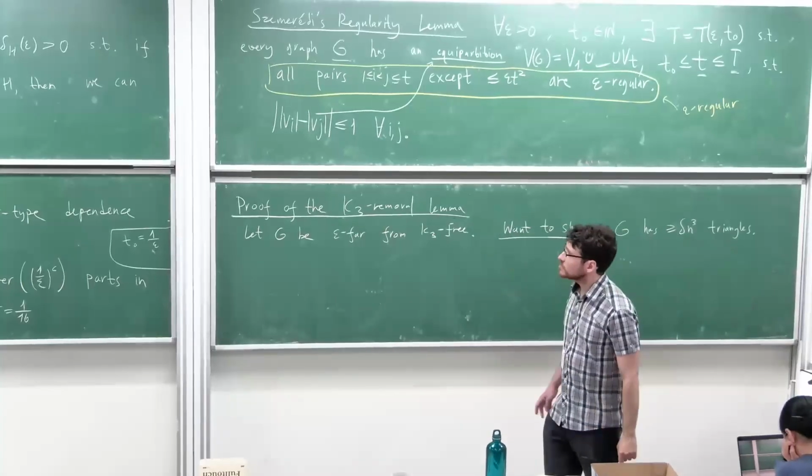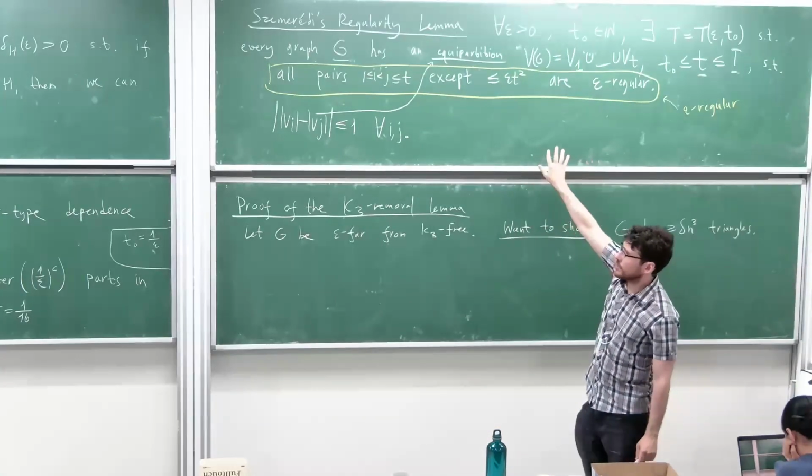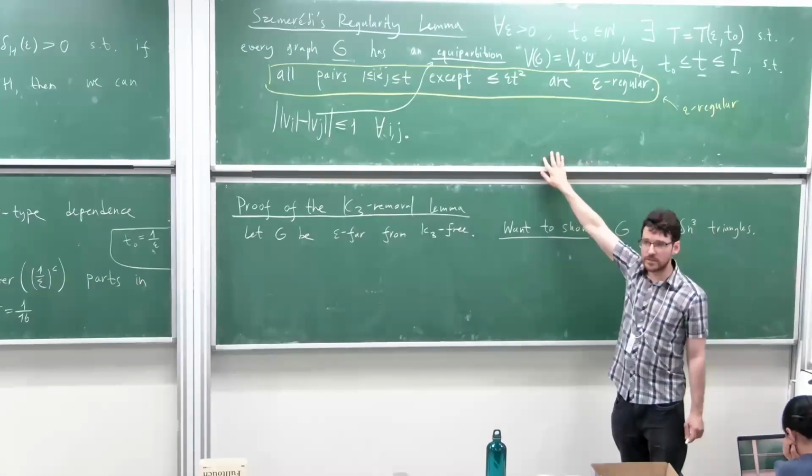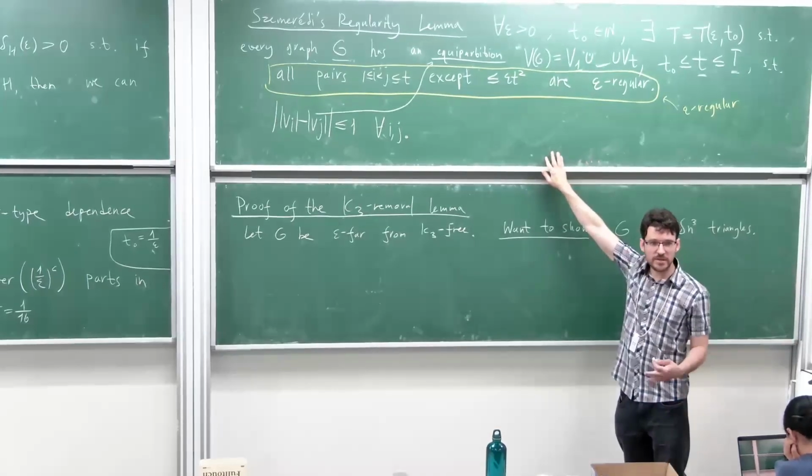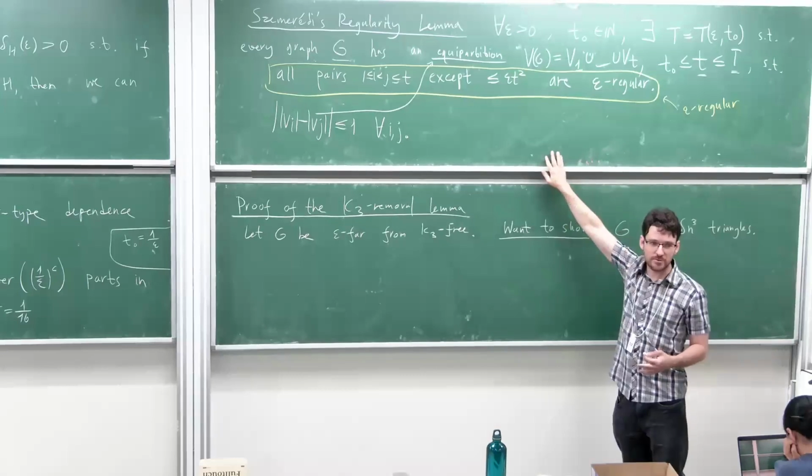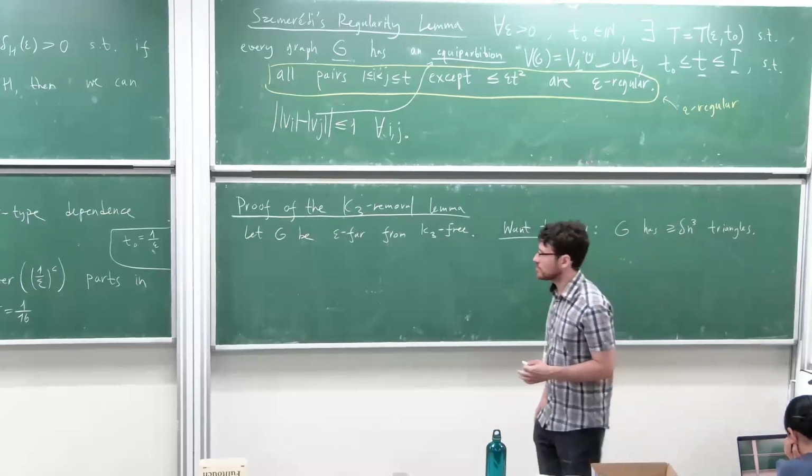The way this proof is going to go is that we'll first take a regular partition, applying the regularity lemma, and then we will delete some edges. This is called cleaning the graph. So let me show you how this works.